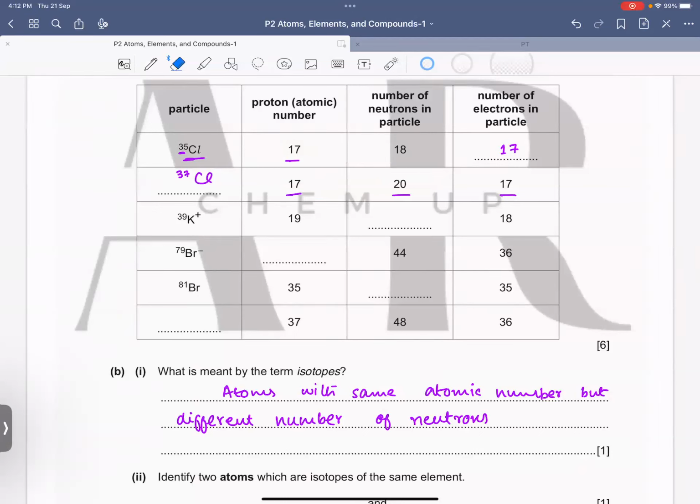Okay. Now, Sania, third one. The number of neutrons. The positive charge or the negative charge indicates the loss and the gain of electrons, not neutrons.